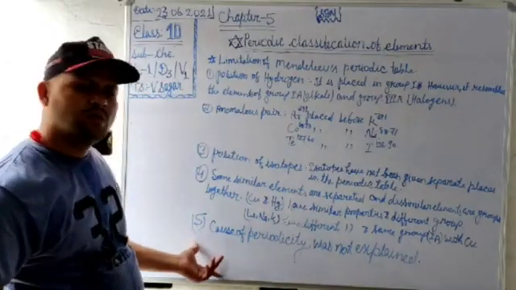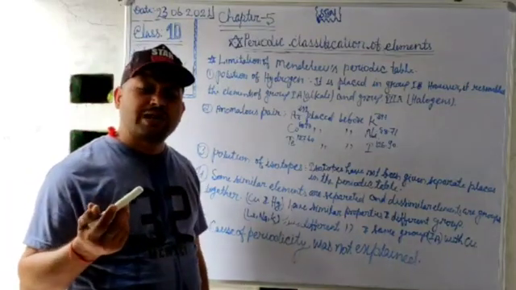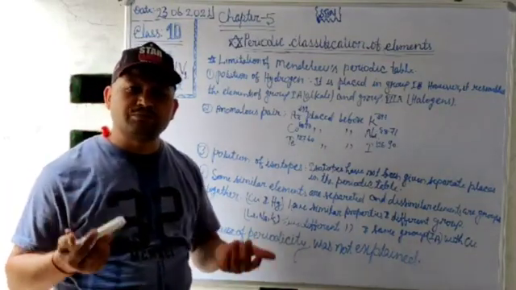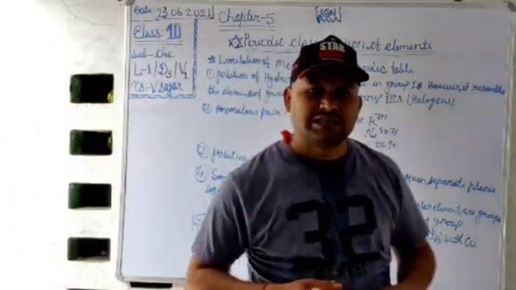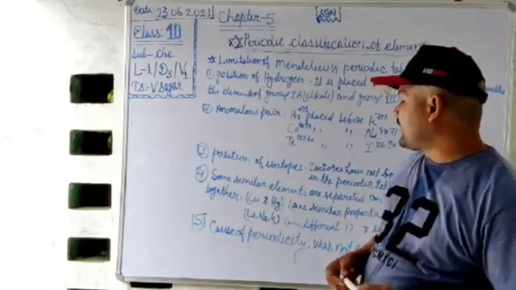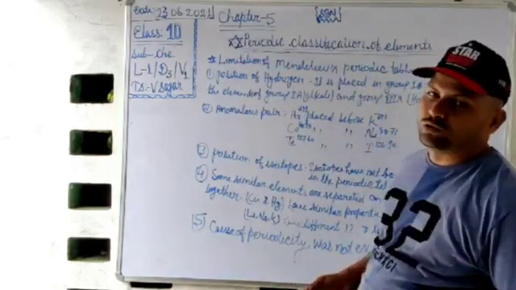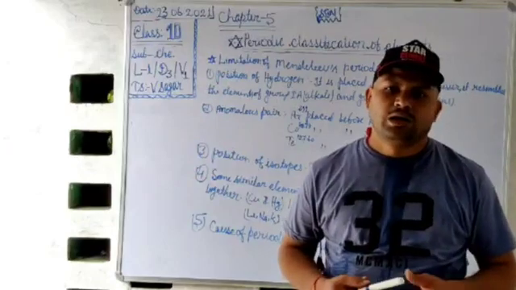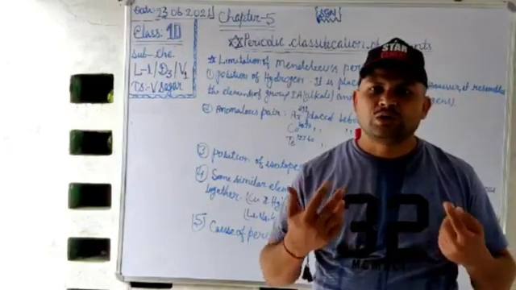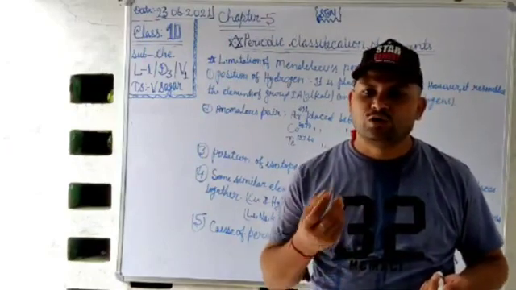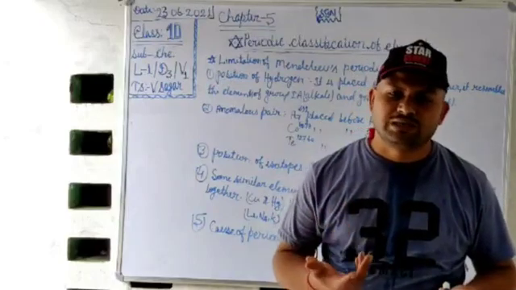And one important drawback of Mendeleev's periodic table is that the cause of periodicity was not explained. Why are the properties of elements a periodic function of their atomic masses?